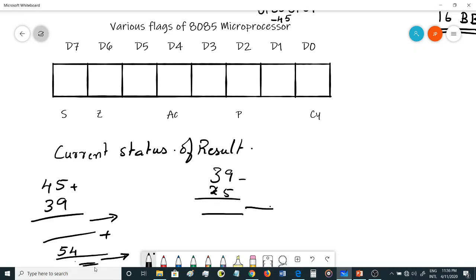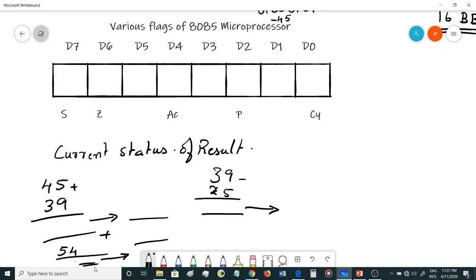So at all these points, each and every time, these flag registers are going to get updated corresponding to the results that you get in your arithmetic operations. So what does the flag register have? It has the current status of the result. The moment you do another arithmetic operation, the previous status of result is already gone. Now you will have the status of the current result.